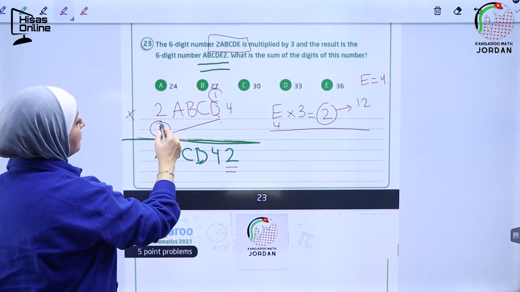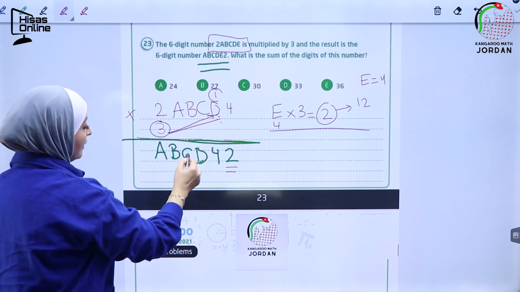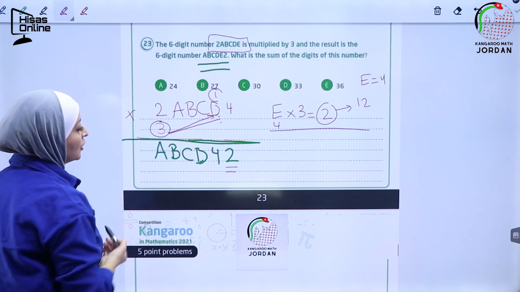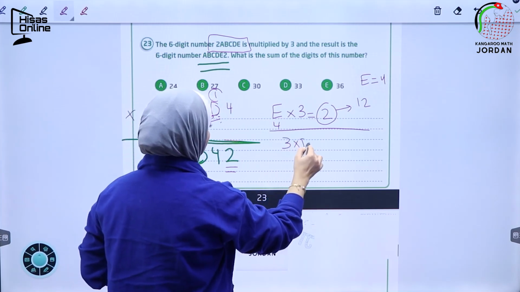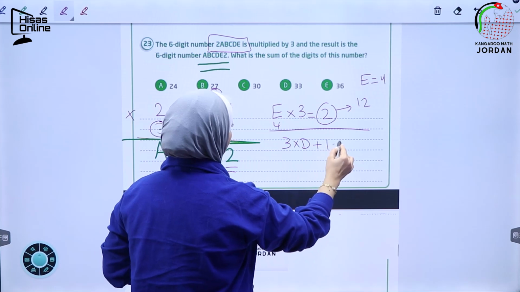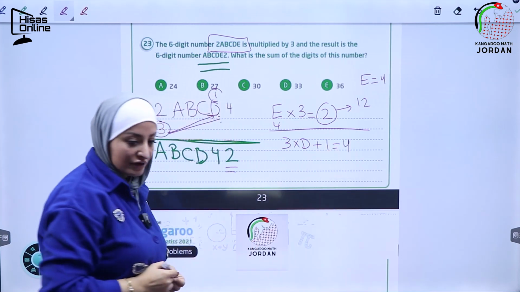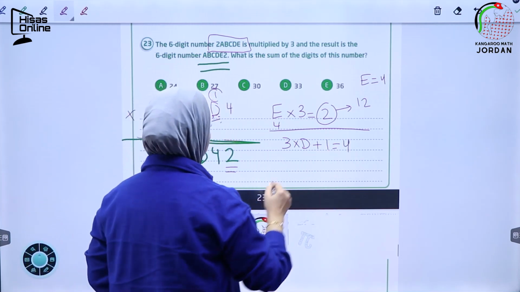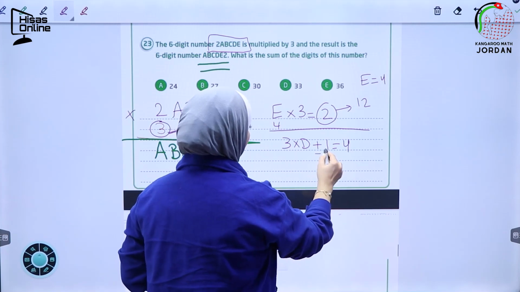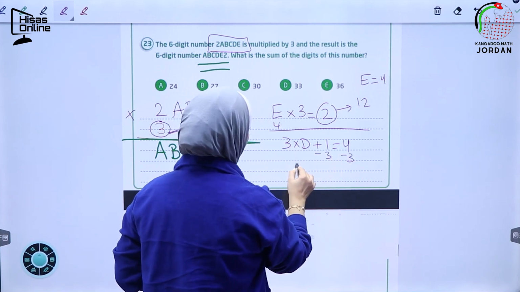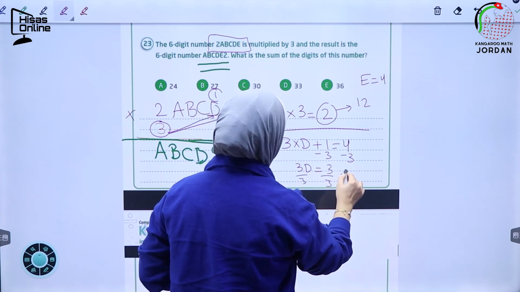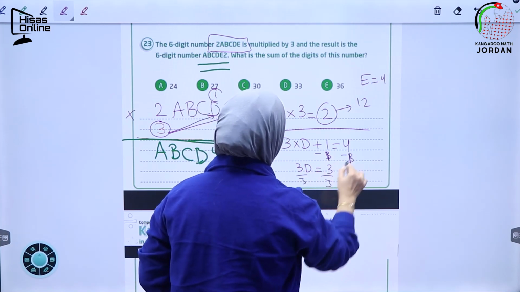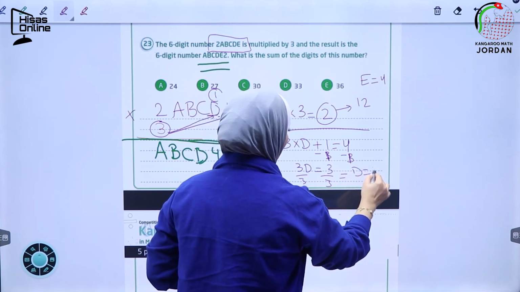Then we multiply the 3 by something, and we add 1 to it to get 4. So 3 times D plus 1 equals 4, right? So if I subtract 1 from both sides, 3D equals 3, divided by 3, so D equals 1.